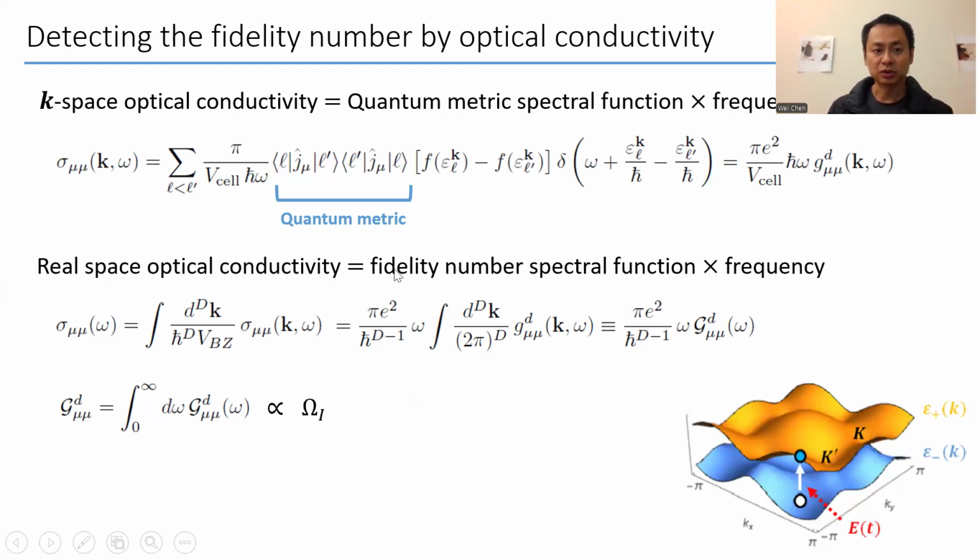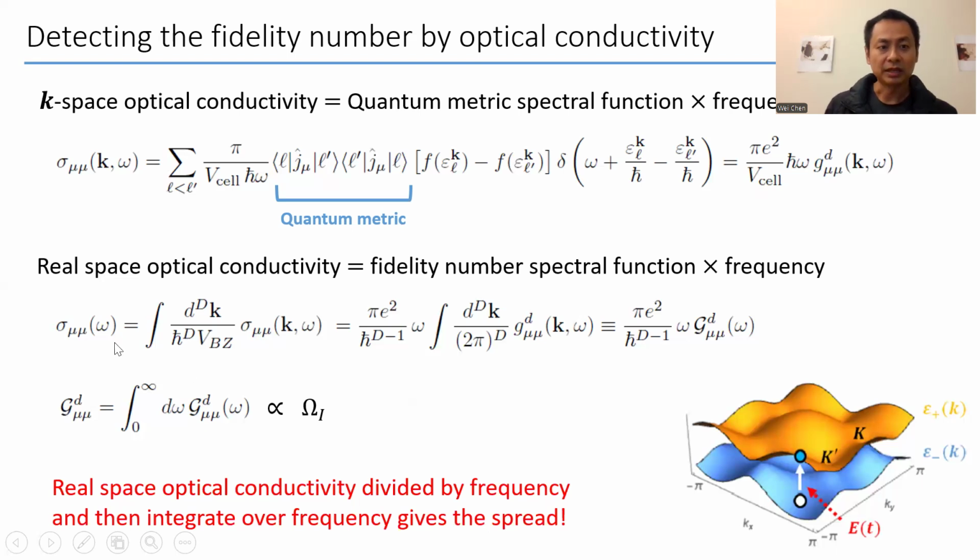So in short, all you need to do is take this real-space optical conductivity, divide it by frequency because there is a frequency factor here, and integrate it over frequency. Then you get the fidelity number, and equivalently the spread.